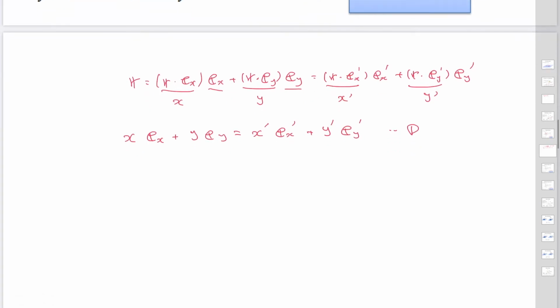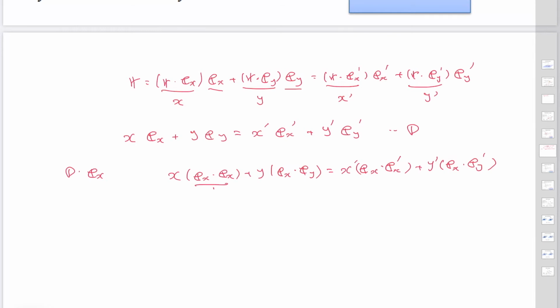If you take the scalar product of equation 1 with e sub x, this becomes x e sub x scalar product e sub x plus y e sub x scalar product e sub y, equals x prime e sub x scalar product e sub x prime plus y prime e sub x scalar product e sub y prime.